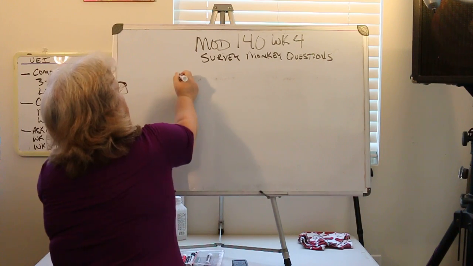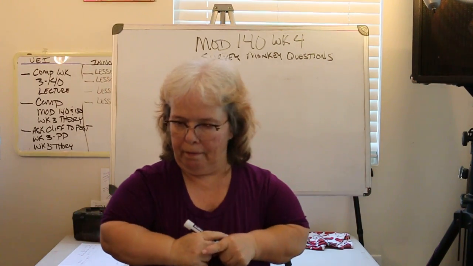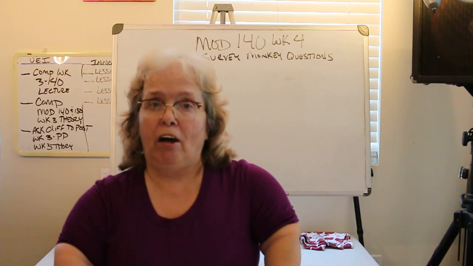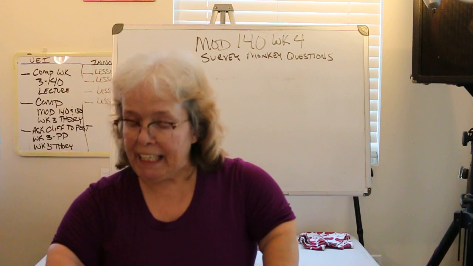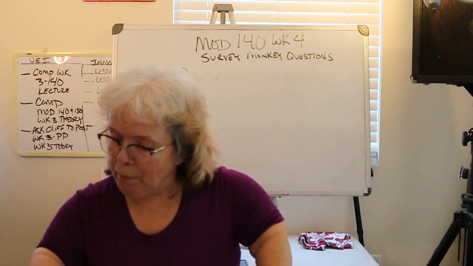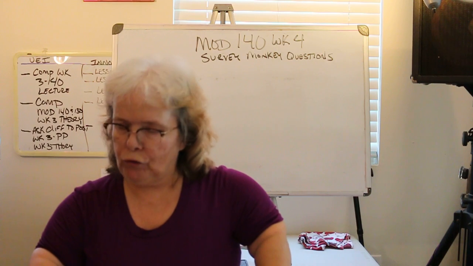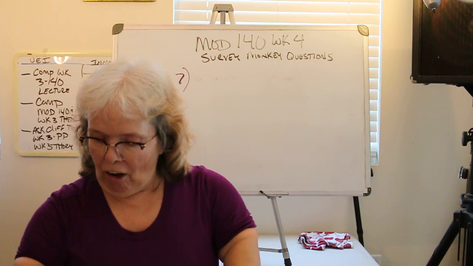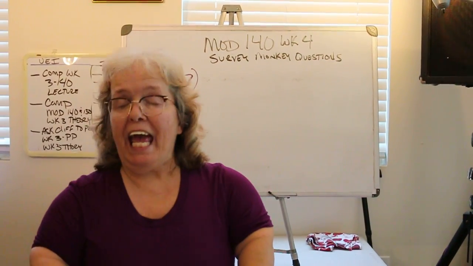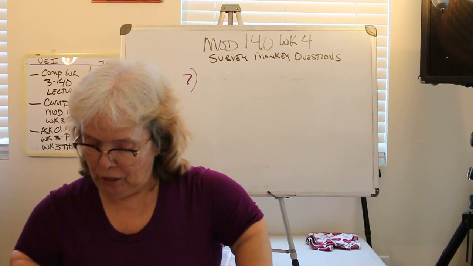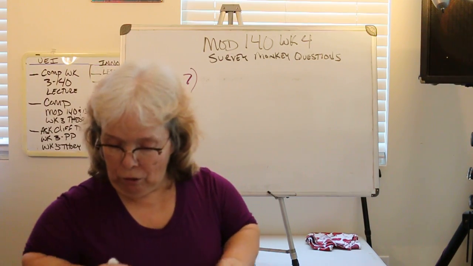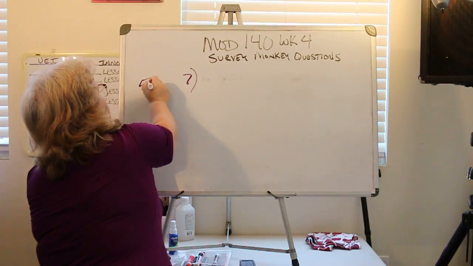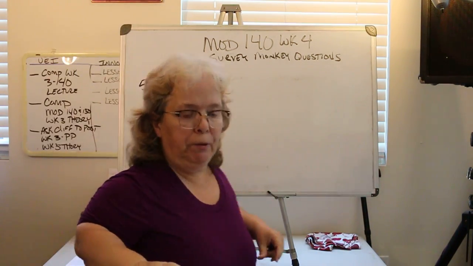Number 7. Various forms of online media content that are publicly available and created by end users is called what? So it's a form of social media where content is publicly available and created by the users. What is that called? So we'll go to page, again, 552, same page as the last one. Just go a little bit further down on the page.